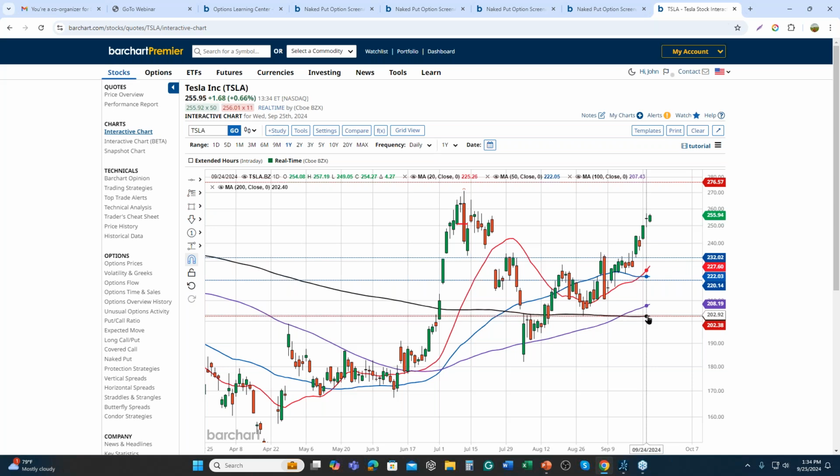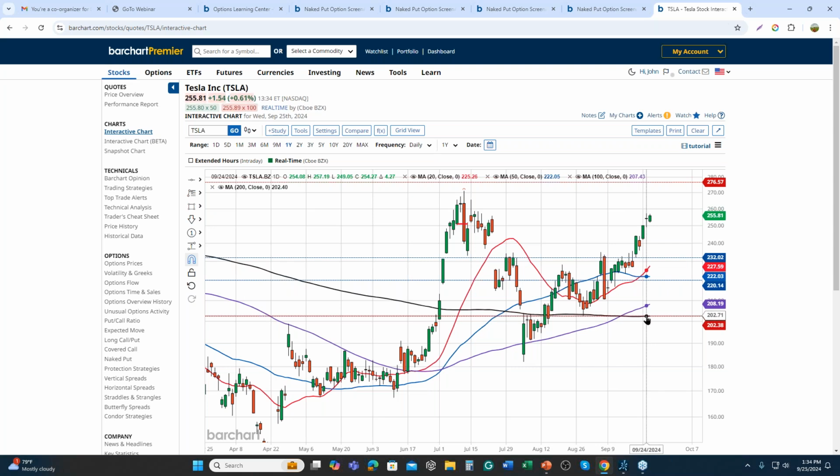The 50 and the 200 are really reliable levels of support when we look at technical analysis. So you can see here that the 50-day moving average is where we originally found a range of price where we thought there might be some potential support. And the 200-day is always a great level of support.